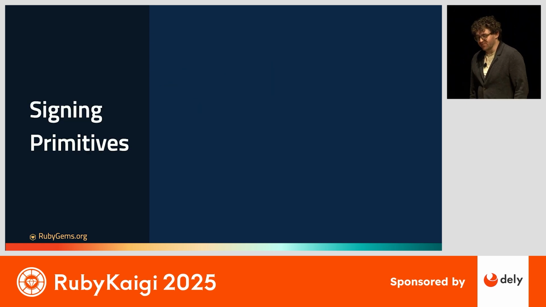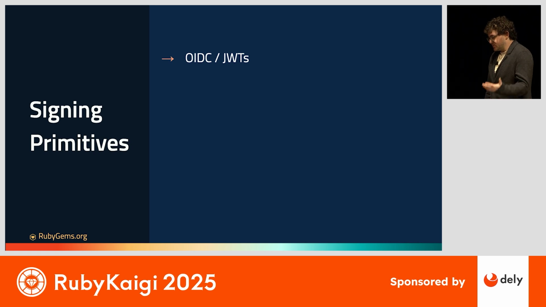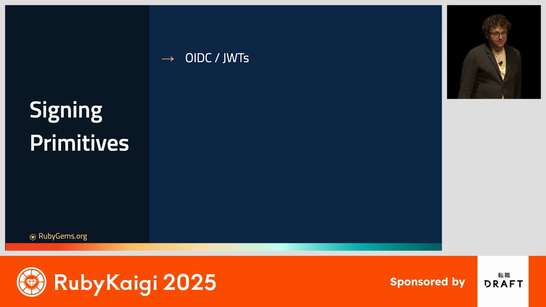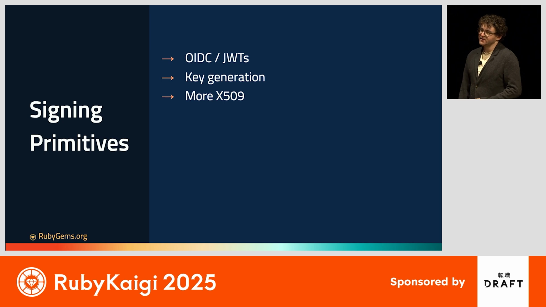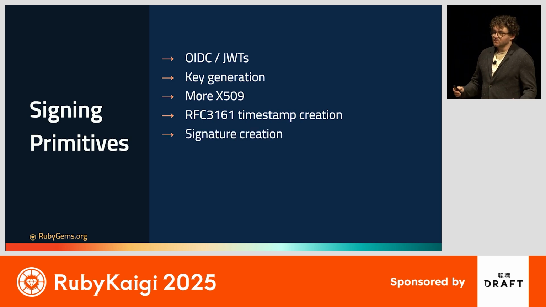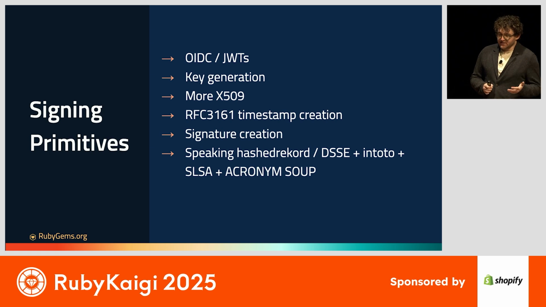And then there's even more primitives that are needed to sign. So there's all of the stuff from the previous slide. In addition, you have to be able to understand JSON web tokens that represent an OpenID Connect identity. You have to generate a key, do more X509 stuff, create one of those signed timestamps, make a signature, and then speak the log entry format that sigstore expects, which is a whole bunch of acronym soup.